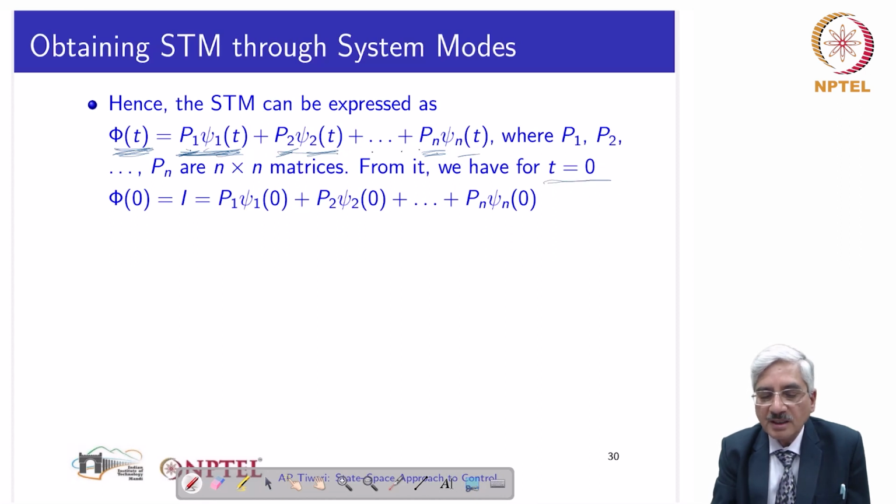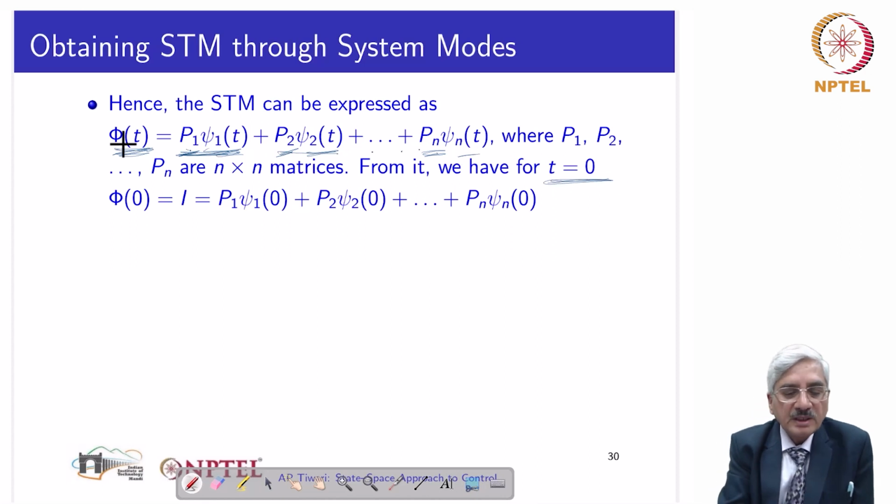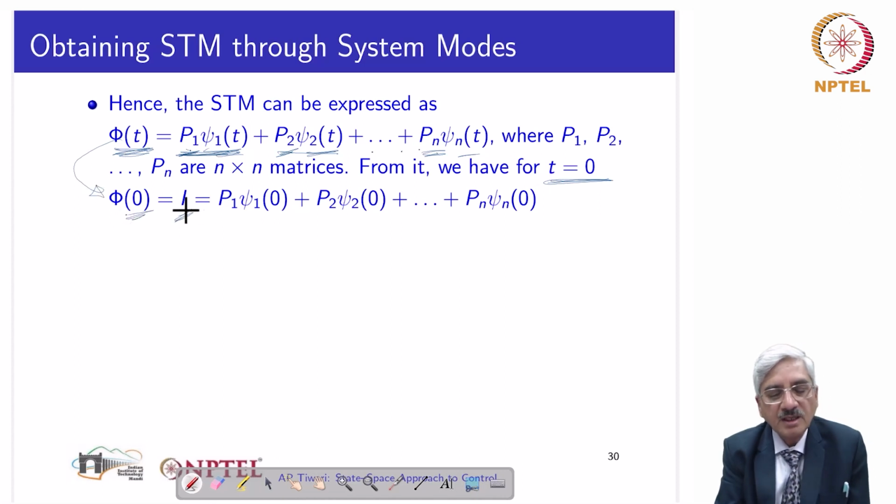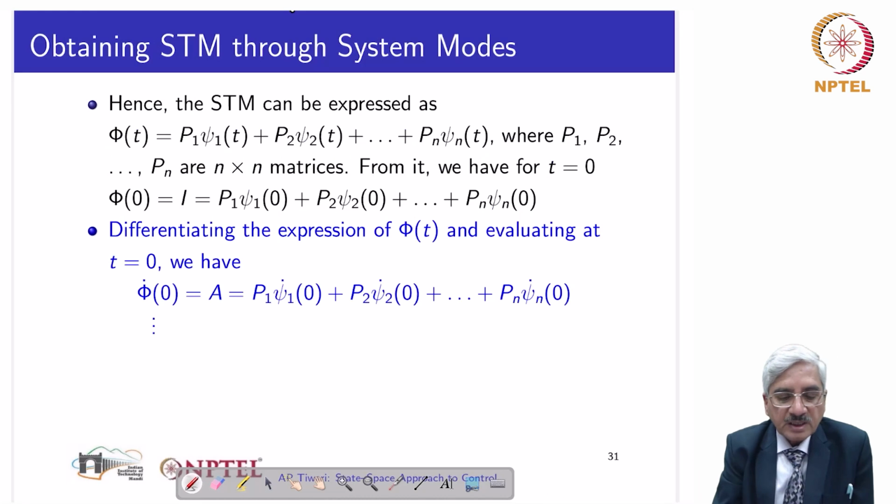If we evaluate it at t equal to 0, we will get the STM at t equal to 0, which is known to be an identity matrix. So the identity matrix will be equal to P1 psi 1 at 0, P2 psi 2 at 0, etc. Similarly, if we differentiate this phi t once with respect to time to obtain phi dot, and in that we substitute t equal to 0, we will get phi dot 0, which will be the matrix A itself, the system matrix.